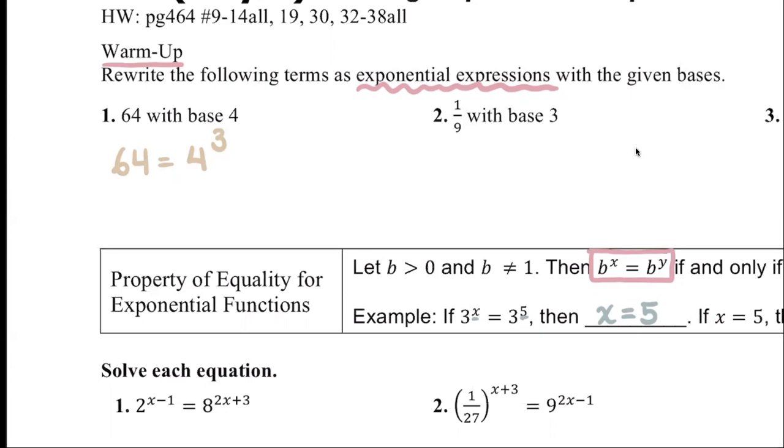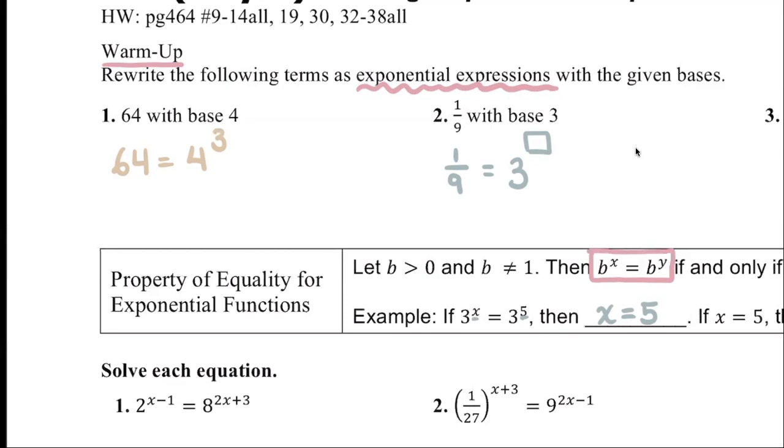Okay. Try this one. This one's a little harder. 1 over 9 is equal to 3 to what exponent? Ooh, this one's tougher. Who's got this one? No, not -1. That would be 1/3, so you're close.